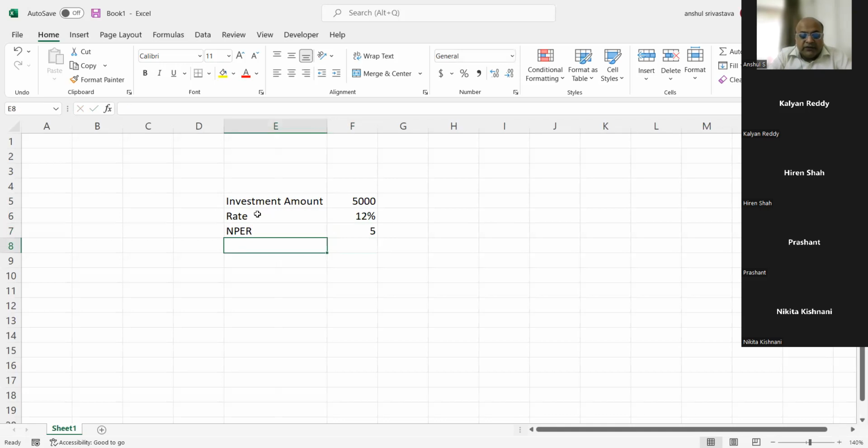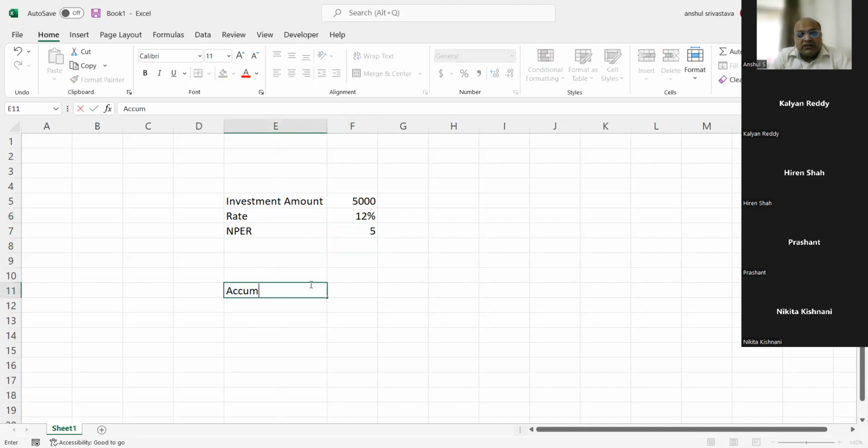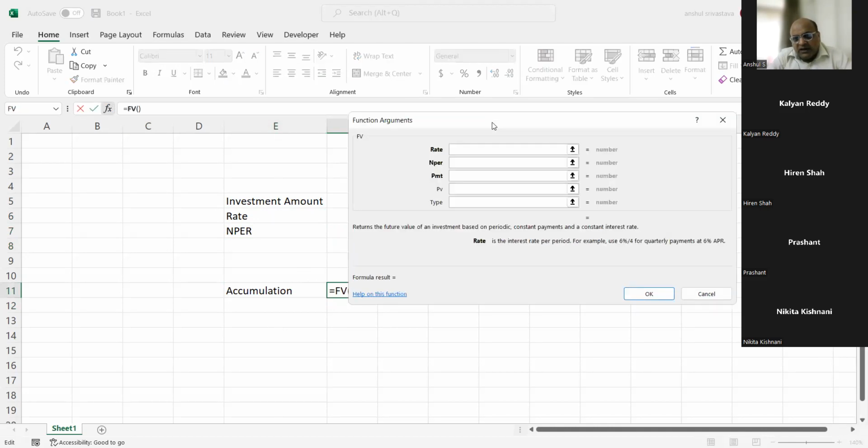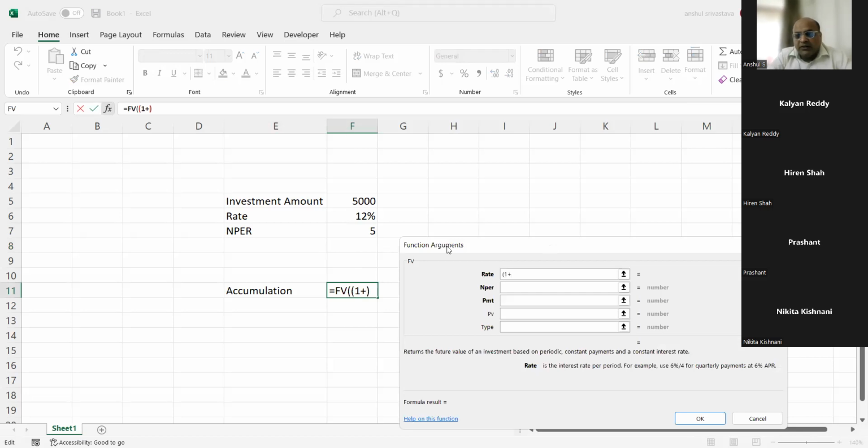So what would the monthly rate be? We'll directly put in the formula. With 5,000, 12%, and 5 years, what will be the future value, or accumulation in 5 years? We'll calculate the future value using FV. Rate is the monthly rate. If you remember the formula, it is 1 plus 12% to the power 1 upon 12 minus 1.